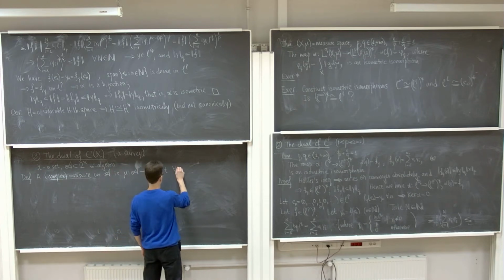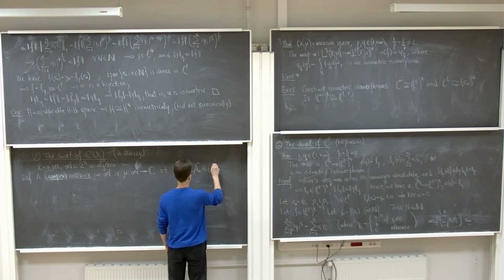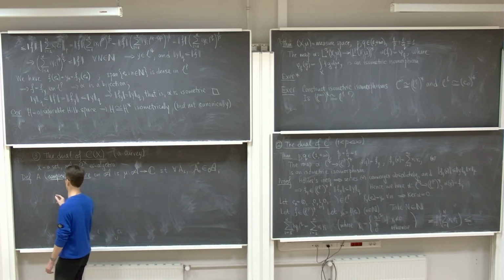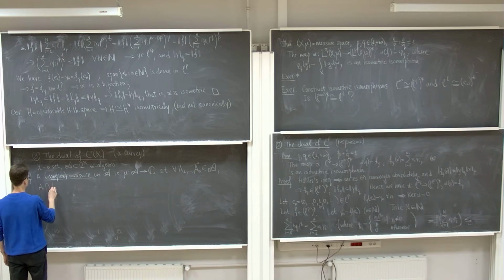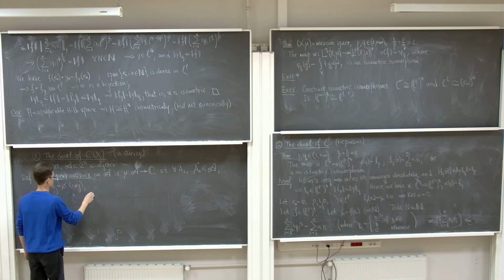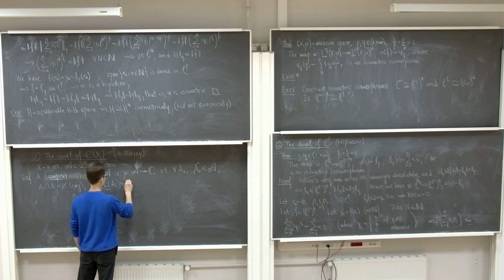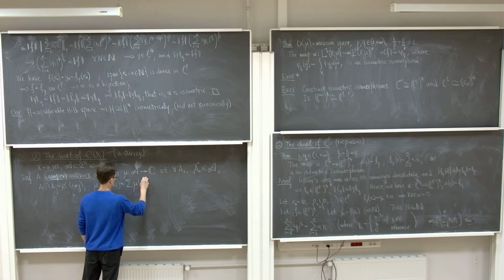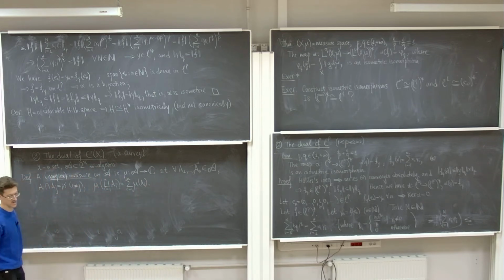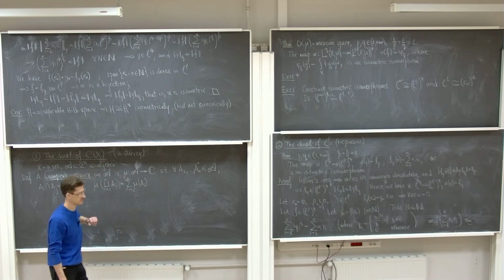For each finite family of disjoint sets in our sigma algebra, the measure of their union is the sum of their measures. So the definition is exactly the same as in the case of positive measures. The only difference is that mu is complex valued.